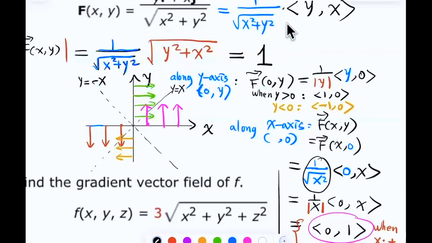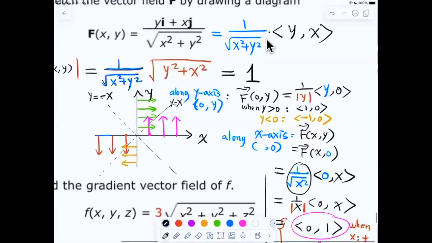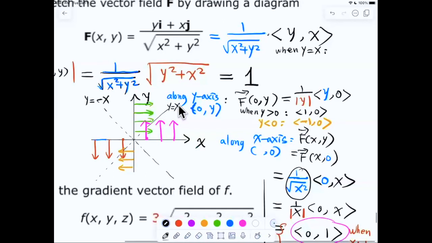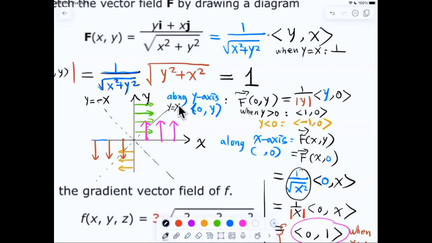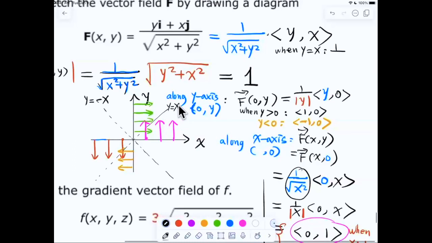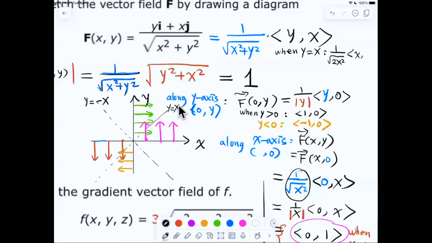When y equal to x, this one here will be 1. Okay, so you can try that. When y equal to x, along this direction, when y and x are positive, let's try this. So it's 1 over, let's just replace y by x. That will be the square root of 2x squared, and the vector will be x comma x.